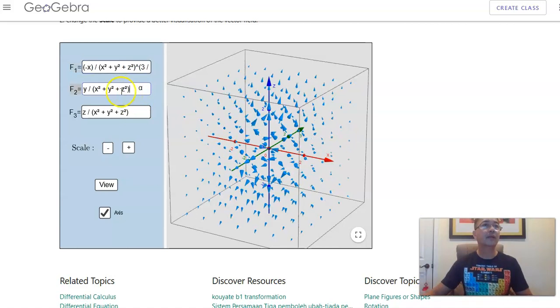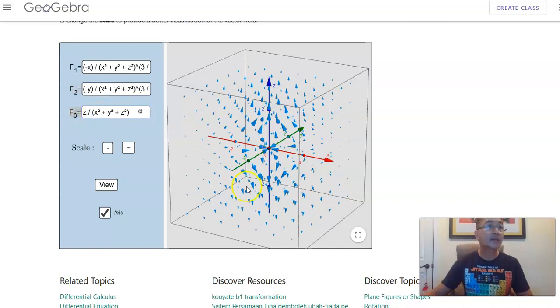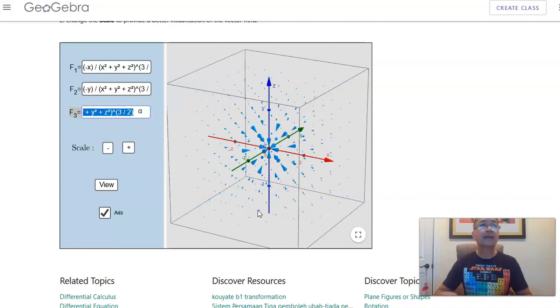And over here, we will also make this a negative, and same power, raise to the power 3 over 2. Last one, make that negative, over here, and raise to the power 3 over 2. Ooh, okay, so there you go.